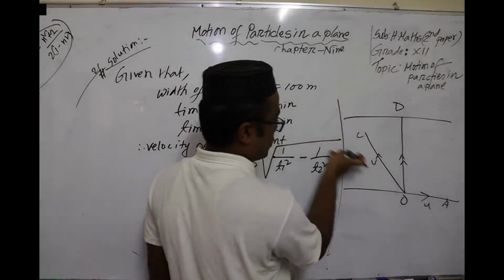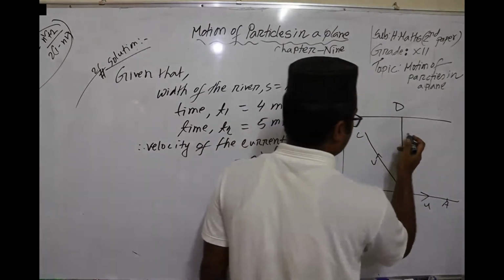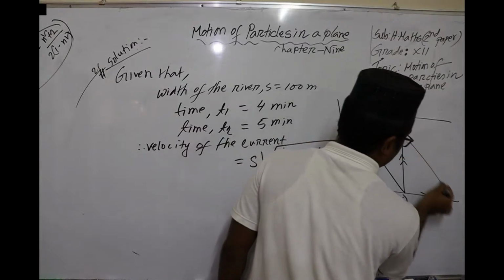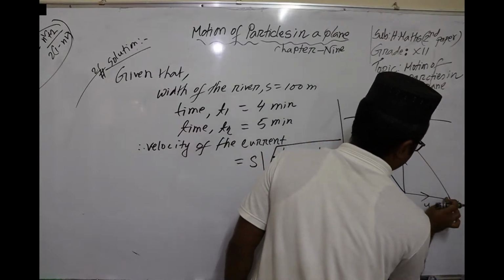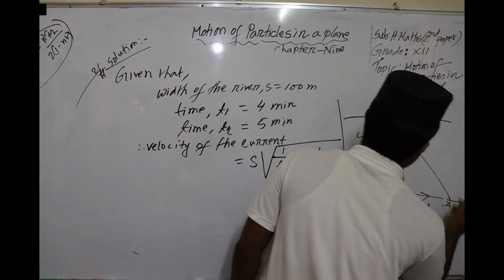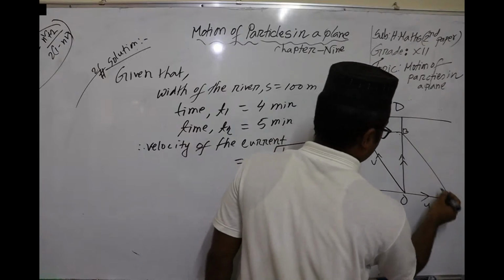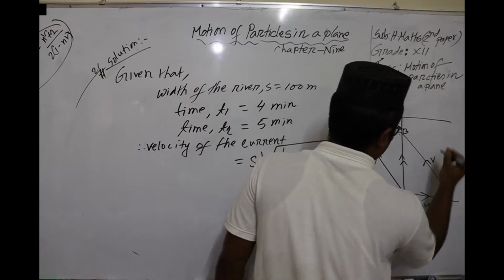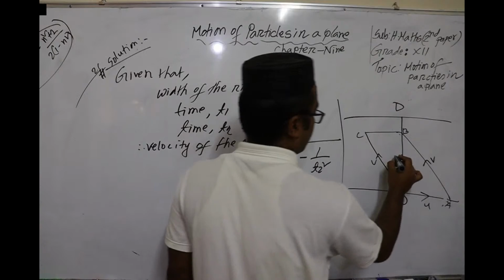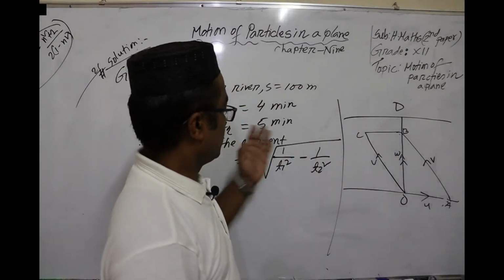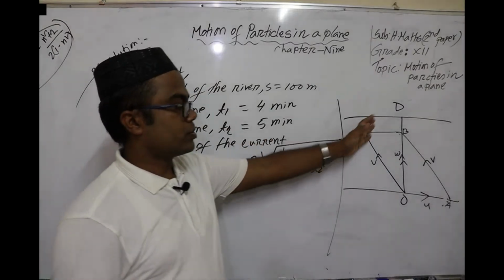This is when there is no current. And when there is current, it will be like this, a parallelogram. So you can consider this one also B and this one W. Okay, so otherwise you need to solve it this way.